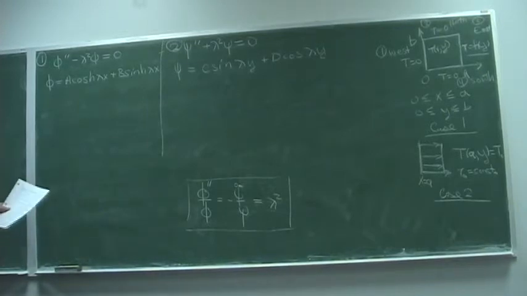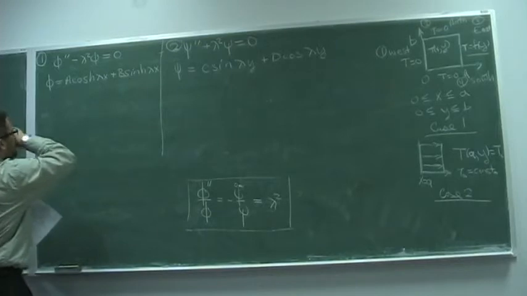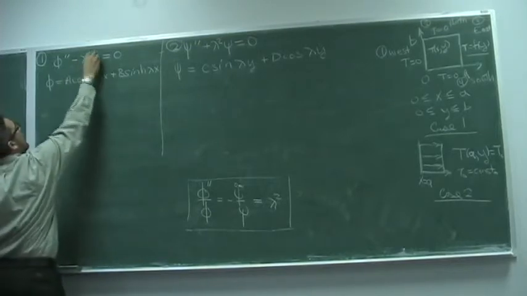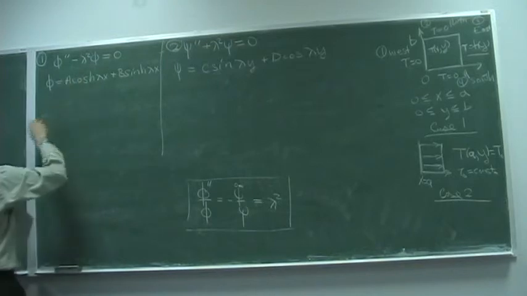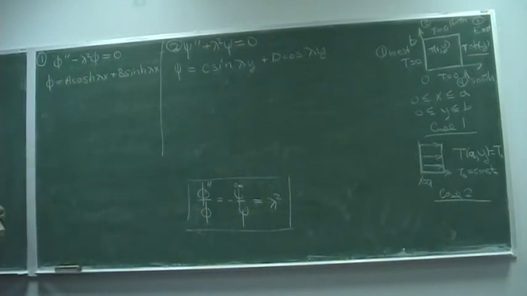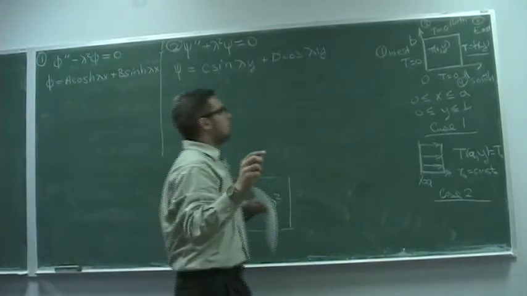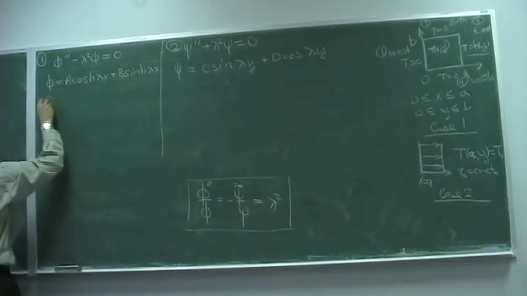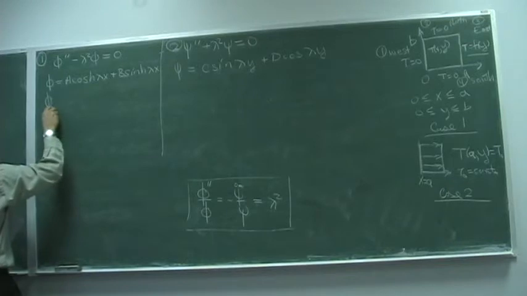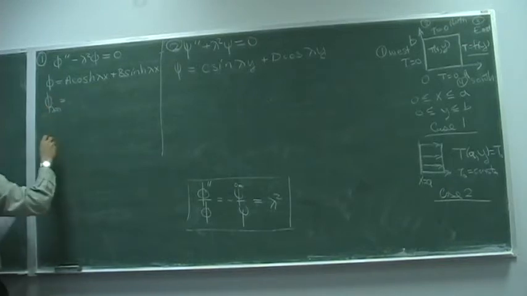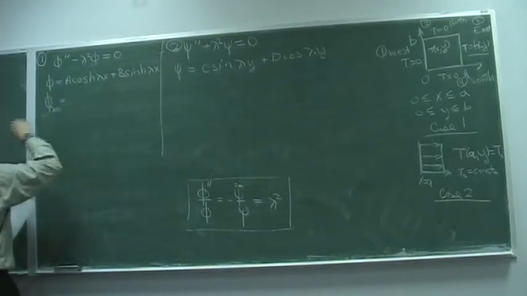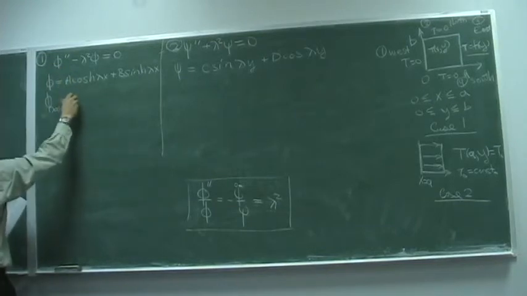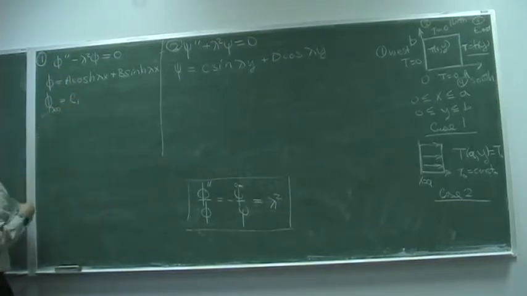Okay? So now at this point, we know that this is the case for lambda not equaling 0. This is our general solution. But we also need to check the null space. Let's see what our solution is if lambda equals 0. So phi for lambda equals 0, if we integrate twice, the first integral you're just going to get c1, we'll call it.